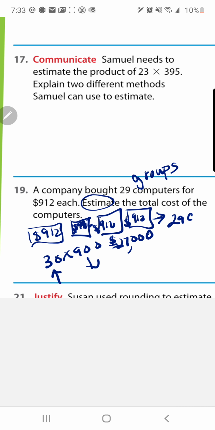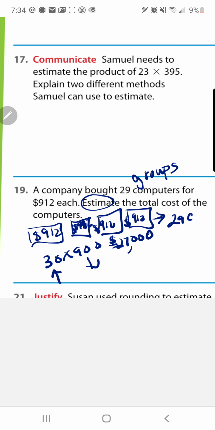Okay. Even though, it's an underestimate. My bad, because 912 went all the way down to 900, which is about a difference of 12. 29 only went up by 1. So you see, we'd say that our estimated product of 27,000 is actually an underestimate.